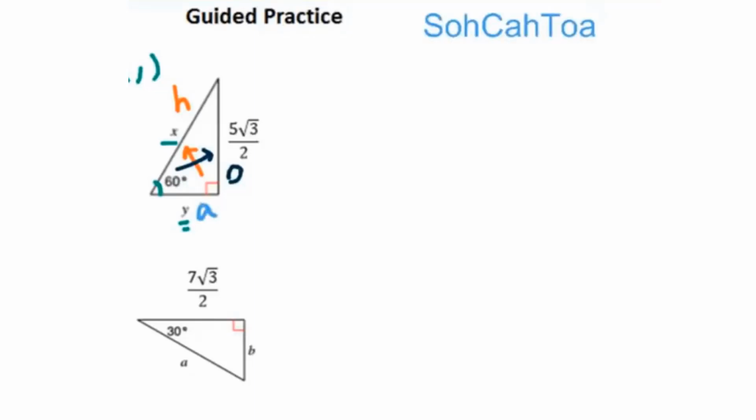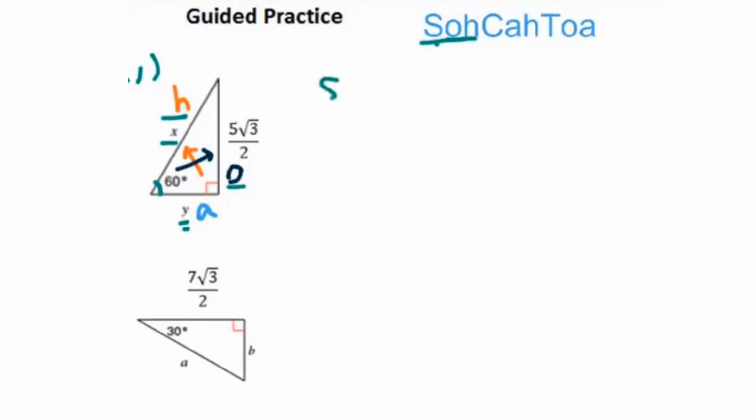If I want to work out that x, what's given? O is given. Then x will be h, hypotenuse. So OH, I go to sine.